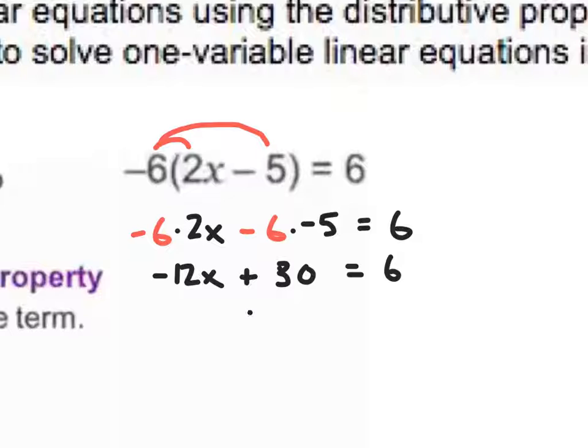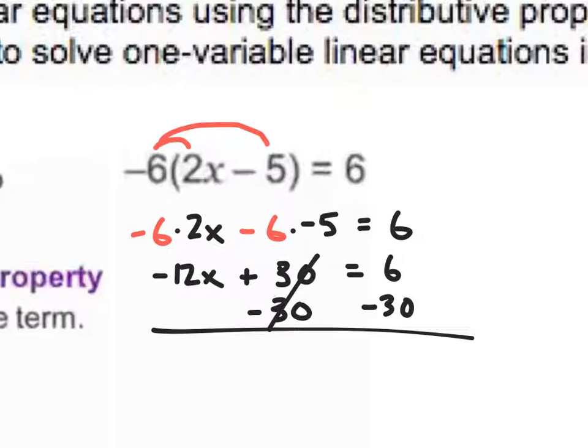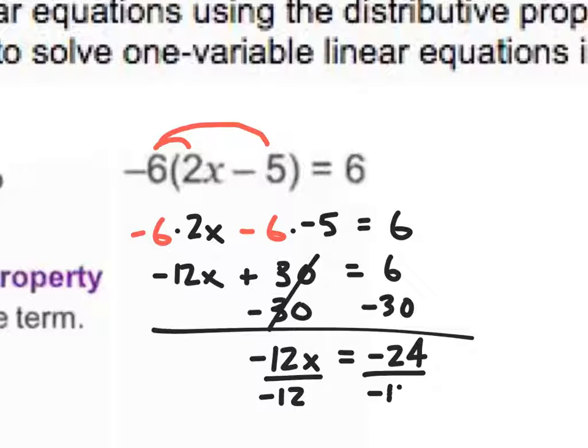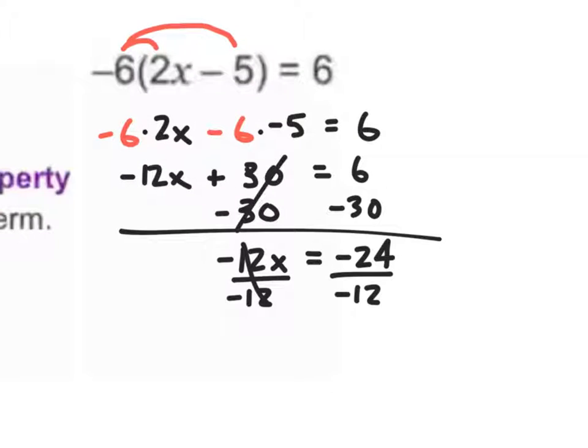So I'm going to subtract 30 from both sides, and that's going to give me -12x is equal to -24. Now I just want to do the opposite of multiplying by -12, and that's dividing by -12. These divide out to 1, and so we get that x is equal to +2.